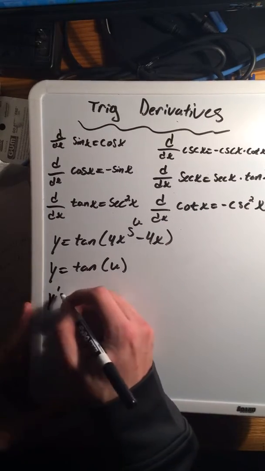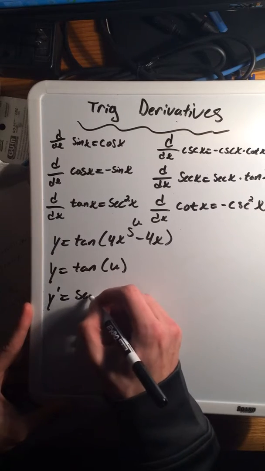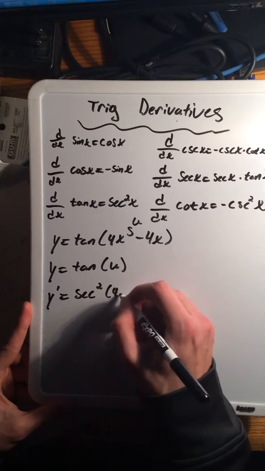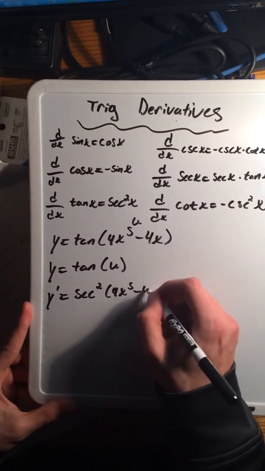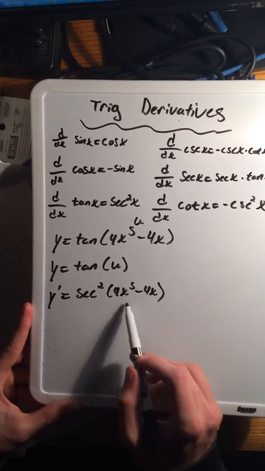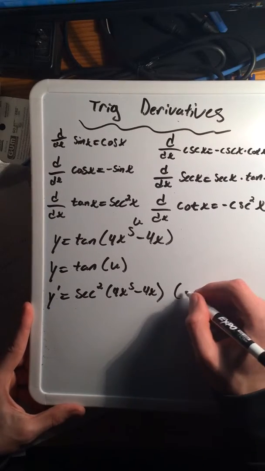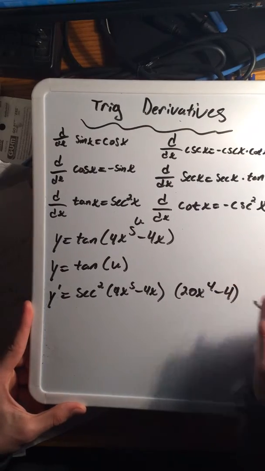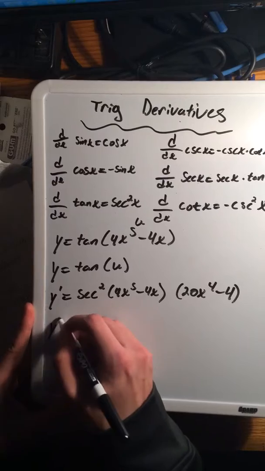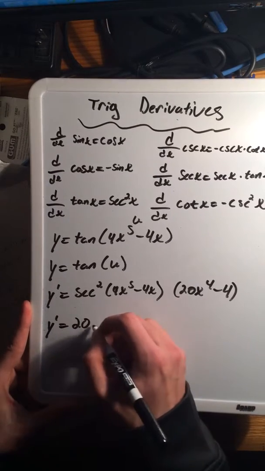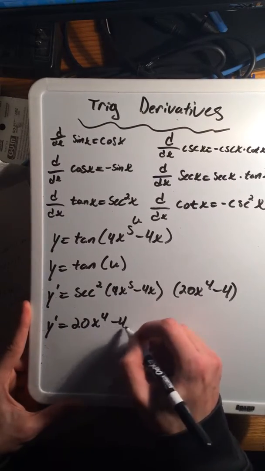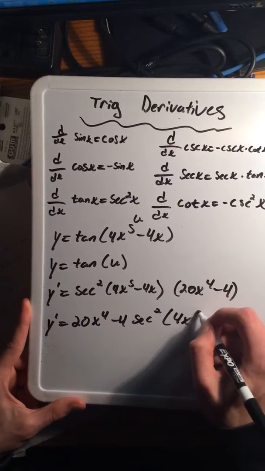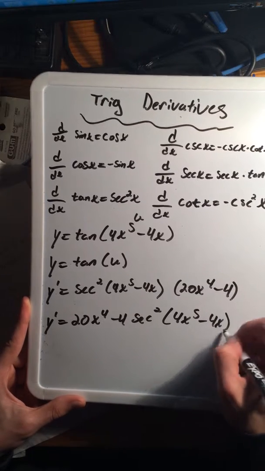So now y prime equals secant squared of u, which is 4x to the 5th minus 4x, times the derivative of the inside, which is 20x to the 4th minus 4. I'm just going to bring that out front. So y prime equals 20x to the 4th minus 4 times secant squared of 4x to the 5th minus 4x.